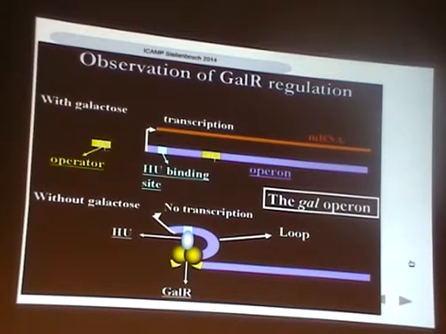Applying a force may modify the equilibrium in order to extend the molecule. Okay, so you have an equilibrium in vivo where you form a loop or you don't form a loop, depending on whether you have galactose in solution or not. And in vitro, in our experiments, we are going to play with the force to displace this equilibrium. Is that clear? For those who don't sleep? Yeah?